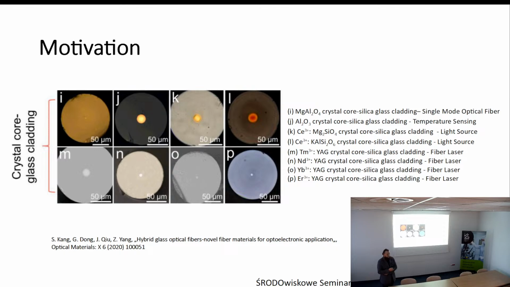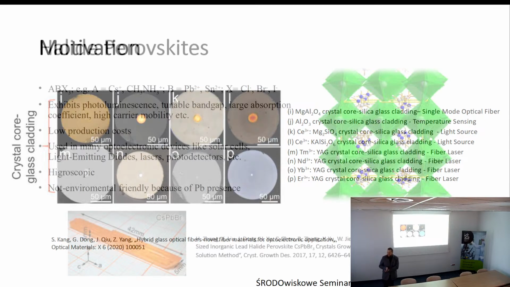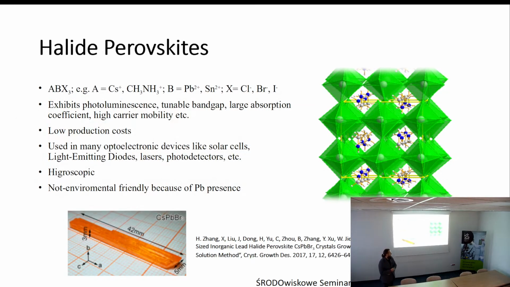And we found that there is a gap and one material was not used before. It changed a bit later, but when we started, we noticed that halide perovskites were not used in these kinds of fiber. And of course, I guess most of you know about halide perovskites, but they have many interesting properties like photoluminescence.